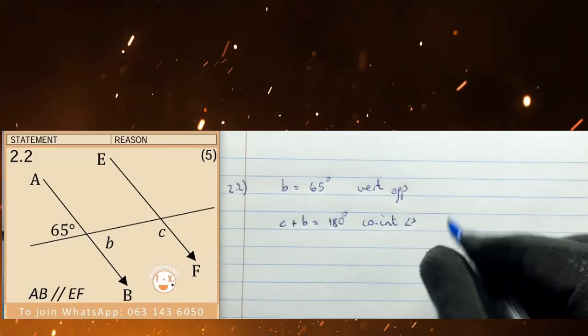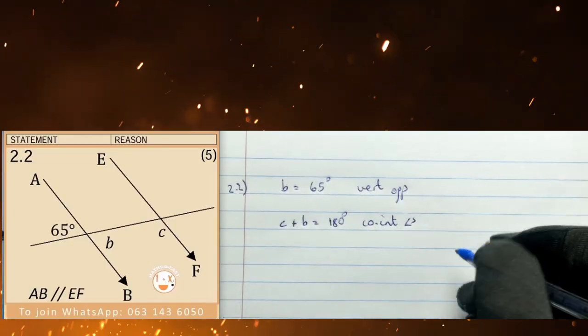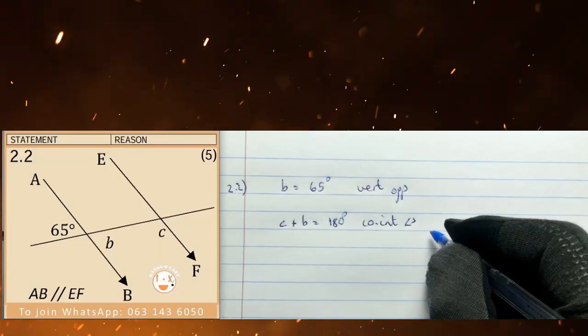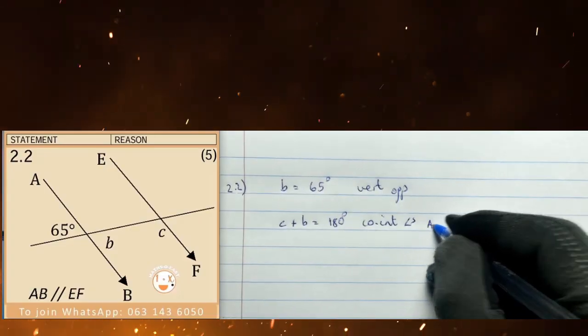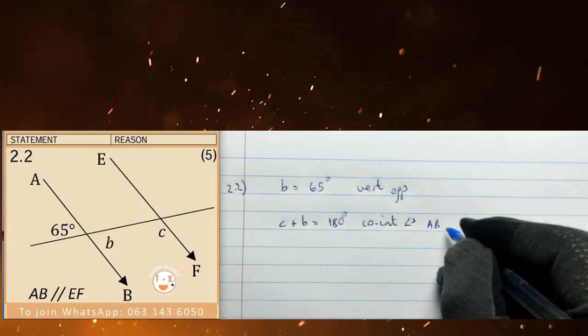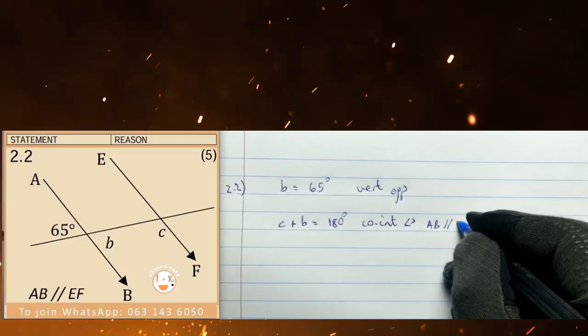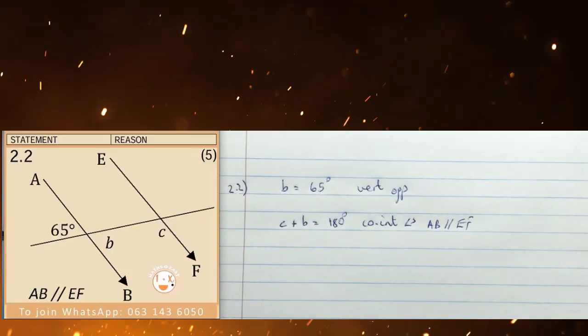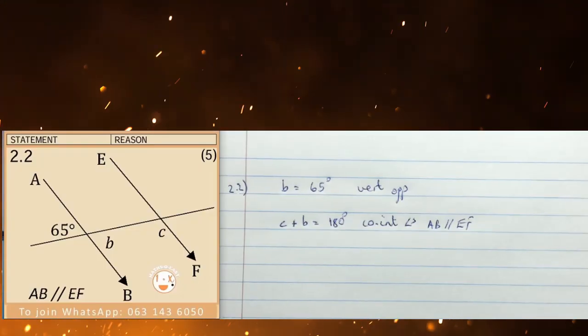They are on the same side of the transversal, and they are between two parallel lines, which are what? Which are AB and EF. Okay. So that's your first statement.